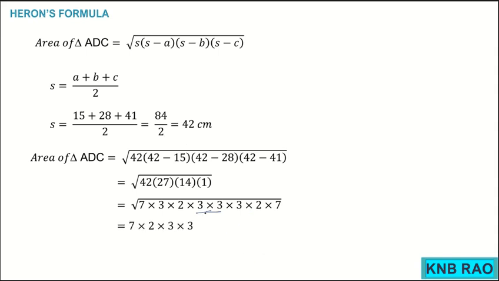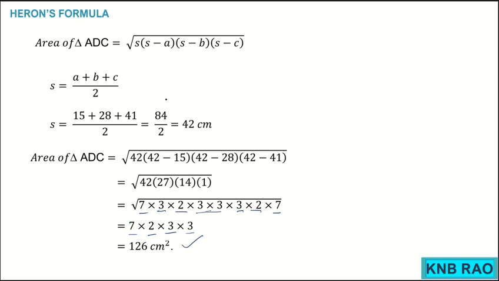So, for this pair of 3, one 3 comes out. For this pair of 2's, one 2 comes out. For this pair of 3's, one 3 comes out. For the pair of 7, 7 comes out. Now, the product of 7 into 2 into 3 into 3 gives 126 centimeter square.